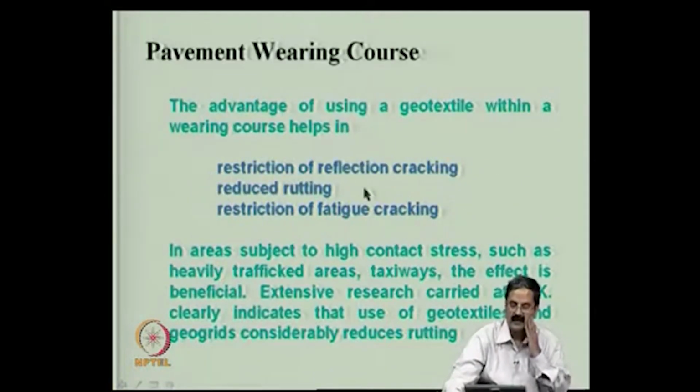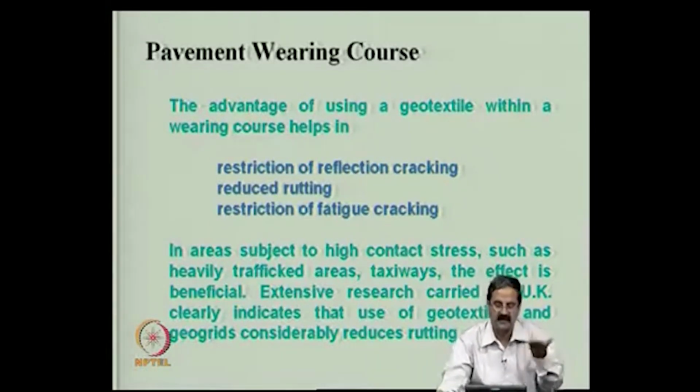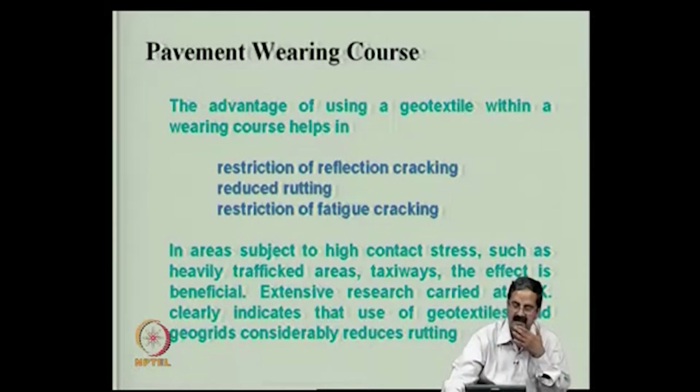But if you are able to place the geotextile a little above, in the wearing course, it helps in restriction of reflection cracking and reduces rutting as well, because instead of transferring the load somewhere down, it takes care of some load at the top layers itself.